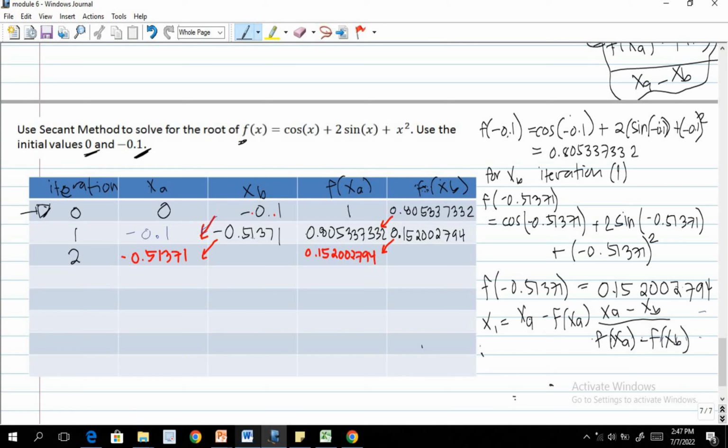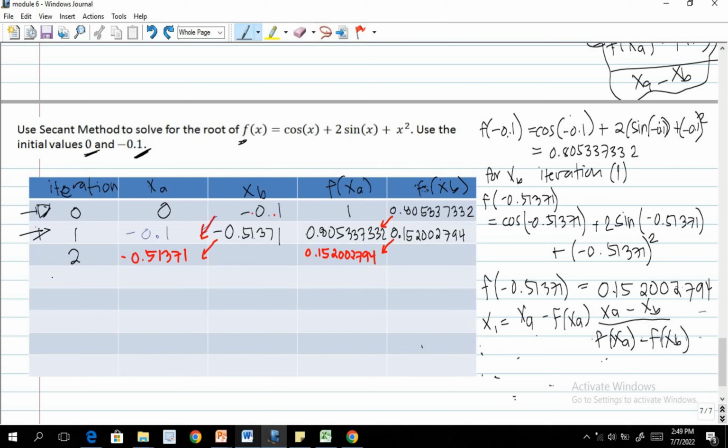Sasubstitute ko lang. Ano yung gagamitin kong xa? Itong values na sinulat ko in red ink sa may iteration 2, galing siya sa may iteration 1. So, para makuha ko yung xb ng iteration 2, gagamitin ko yung values dun sa may iteration 1.